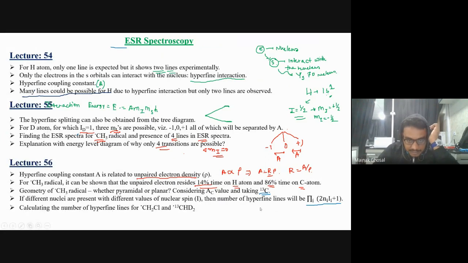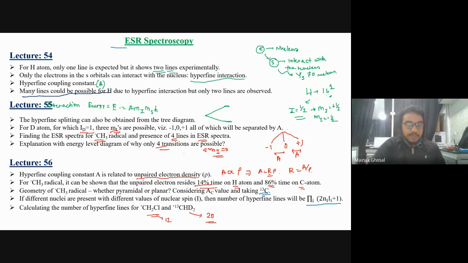For CH2Cl, in the hyperfine splitting structure you can see a total of 12 peaks. And for 13CH2Cl, since 13C is there, the coupling is possible, and you will see a total of 20 peaks. You can check using this formula. So this was all the discussion about ESR spectroscopy that the professor discussed.